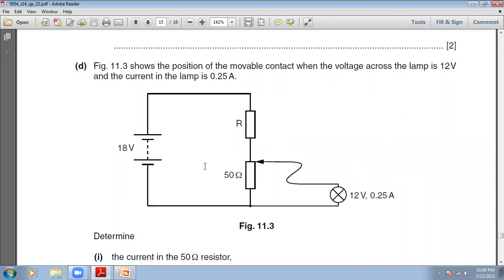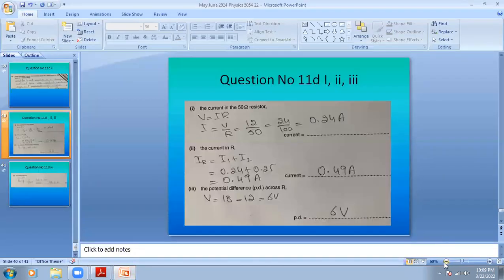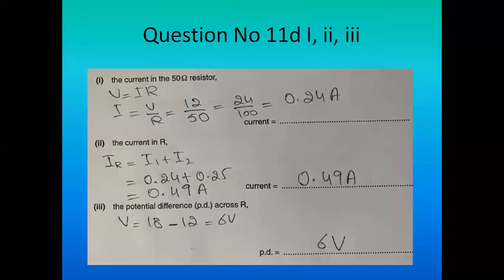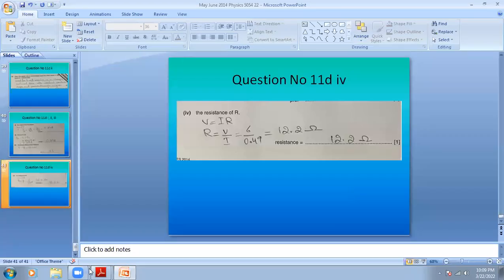V equals IR, and R will be V by I. So 6 divided by 0.49 will be 12.2 ohms. So it means the resistance there is 12.2 ohms.